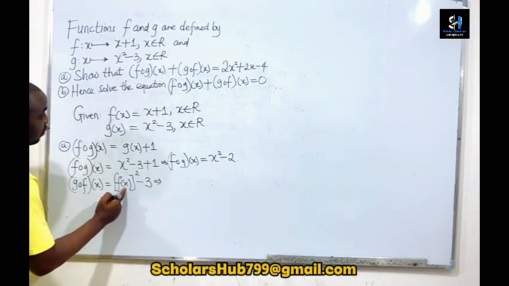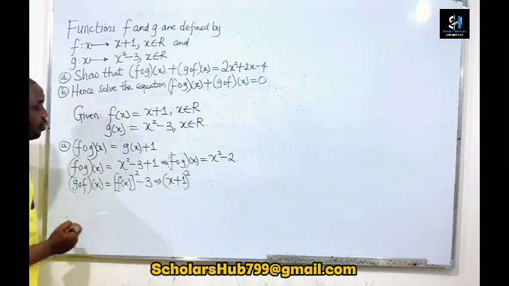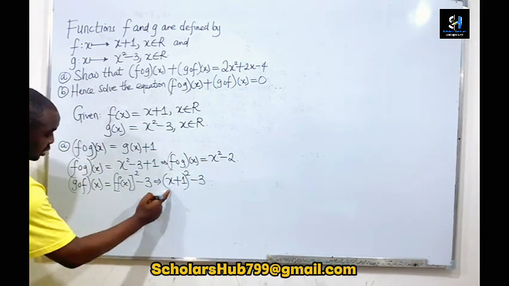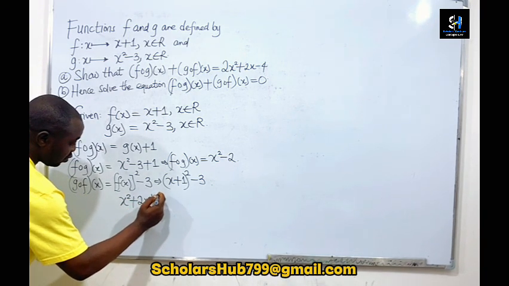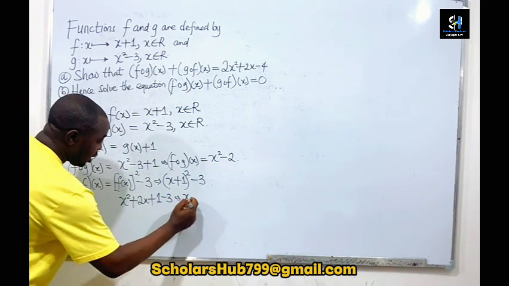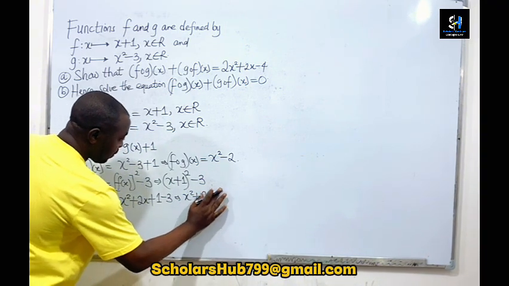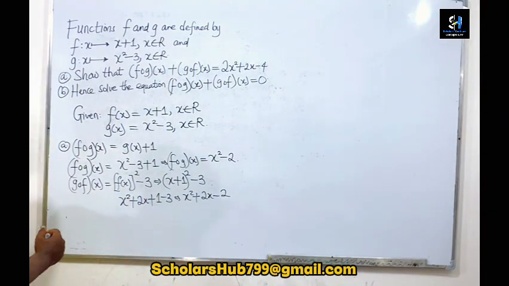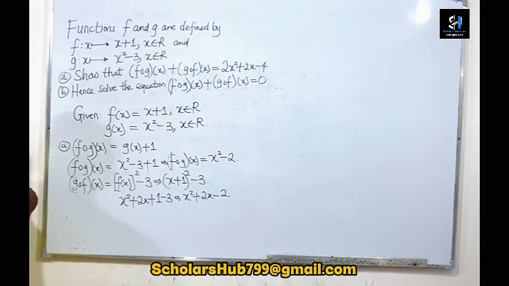Since f of x is x plus 1, this is x plus 1 all squared, minus 3. If I expand this, it will be x squared plus 2x plus 1 minus 3, which is x squared plus 2x minus 2, because 1 minus 3 is minus 2. So this is the expression for the composite function gf of x.